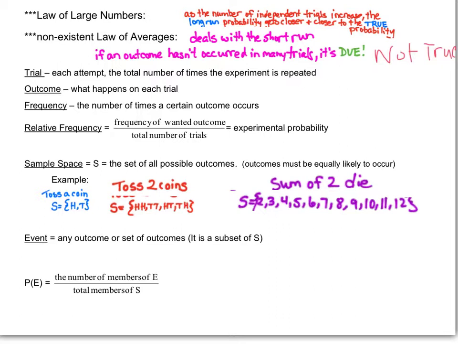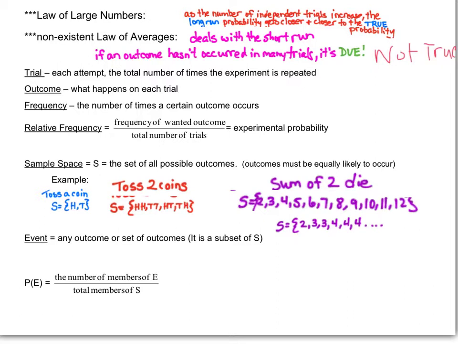For example, a 3 is actually created by a 2 plus 1 and a 1 plus 2. So the real sample space for the toss of 2 die would look more like this: 2, 3, 3, 4, 4, 4, all the possible ways that would include getting each value. You might even want to write 2 plus 2, 3 plus 1, 1 plus 3, and so forth.